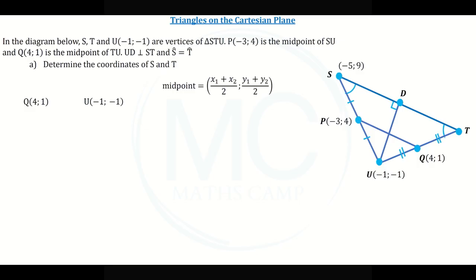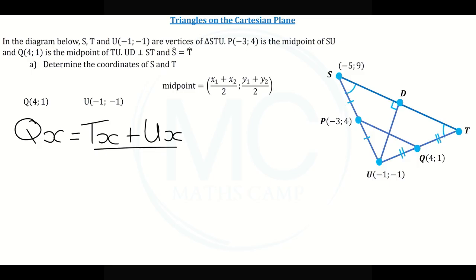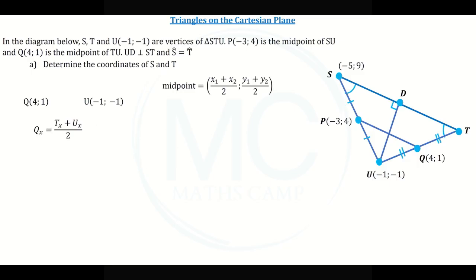Let's say the midpoint Q, X coordinate, is equal to the x-coordinate of point T plus the x-coordinate of point U all over 2. The x-coordinate of Q is 4, so we say 4 is equal to the x-coordinate of T, call it Tx, plus the x-coordinate of U, -1, so say -1 in a bracket, all over 2.